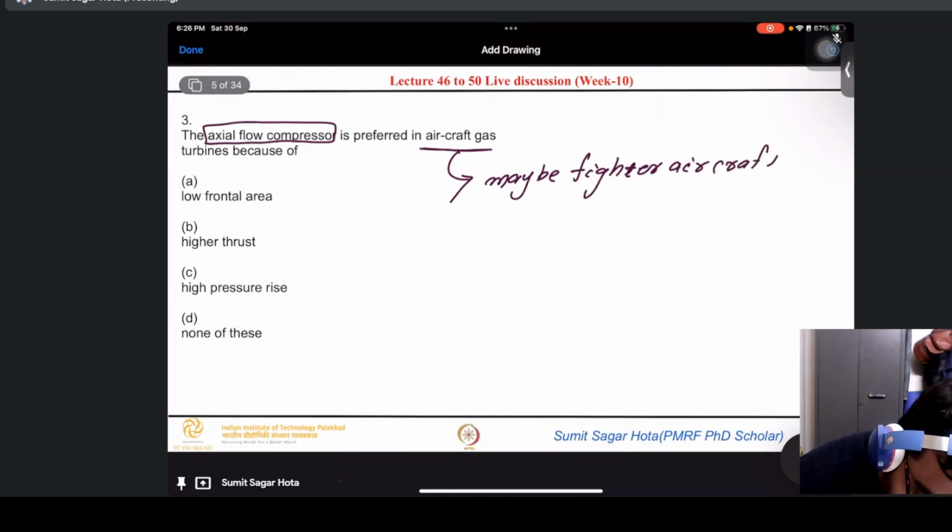If it is a fighter aircraft, and gas turbine, aircraft gas turbine. So gas turbine is mentioned, and aircraft is mentioned.